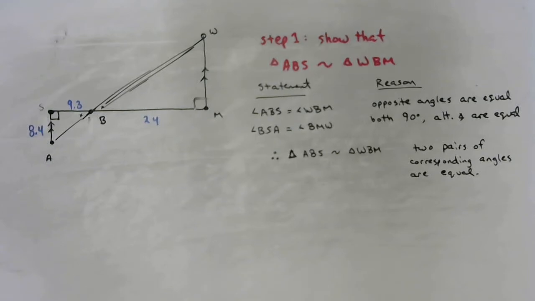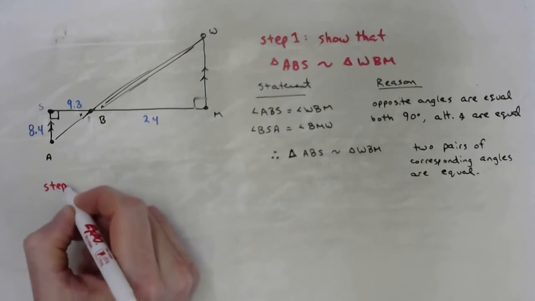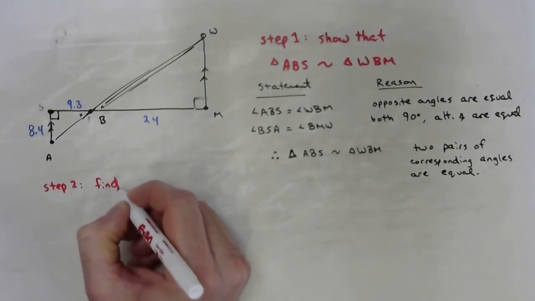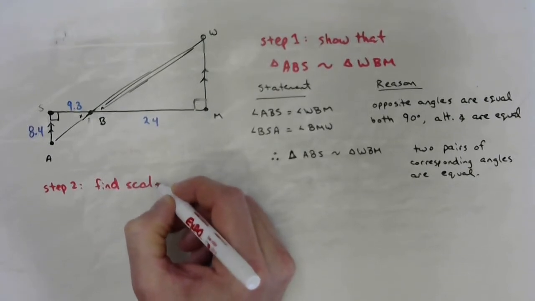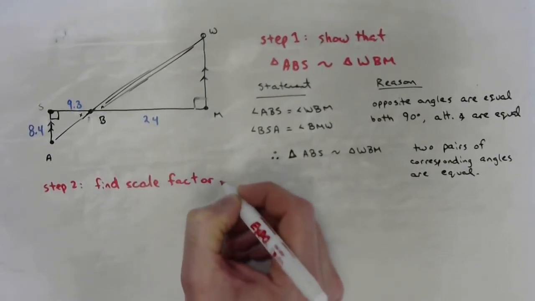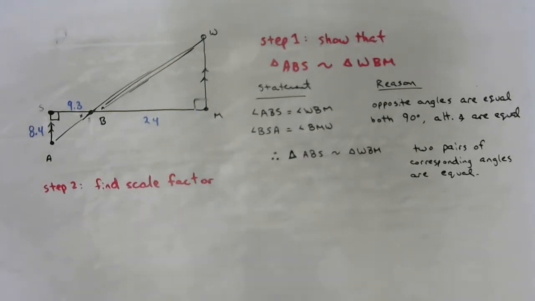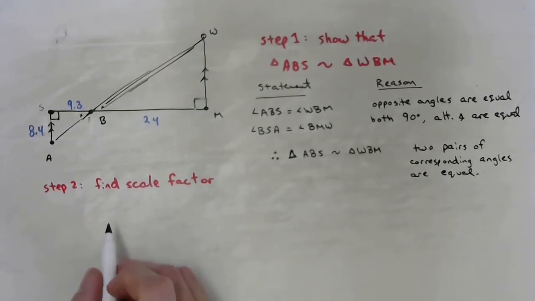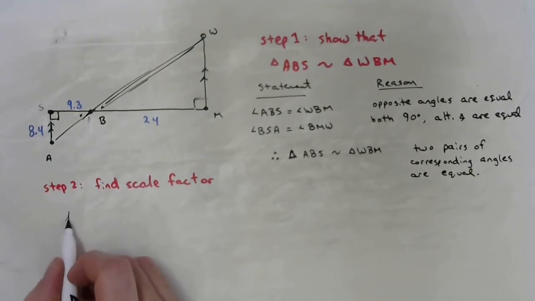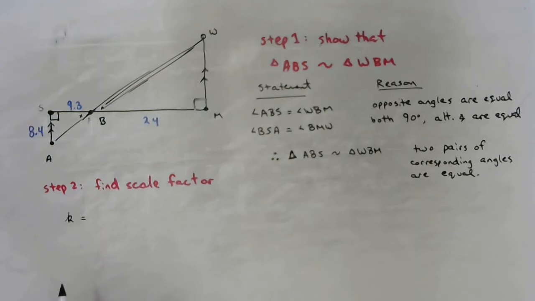Now that we know for sure that they are similar, what can we do using this information? Step 2, we're going to find the scale factor. K is going to be our scale factor, the number we can multiply any side length from the little triangle by to get the corresponding side length in the big triangle.